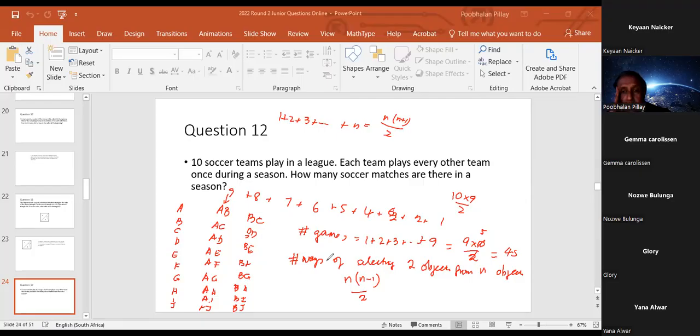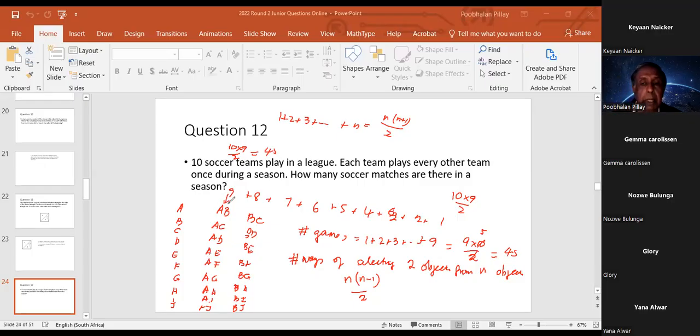So we could have done it like that. We could have said, well, the number of games is just the same as the number of ways in which you can select 2 teams from 10, and that is 10 times 9 over 2, and the answer is 45. You could have written it in a matter of a few seconds instead of going through this long, tedious process, right?